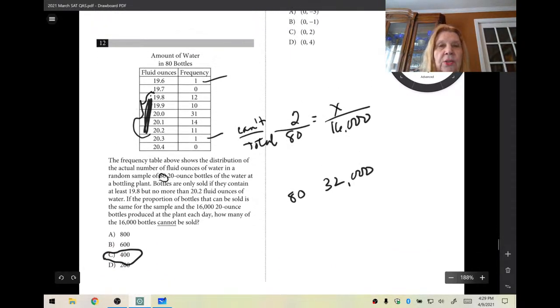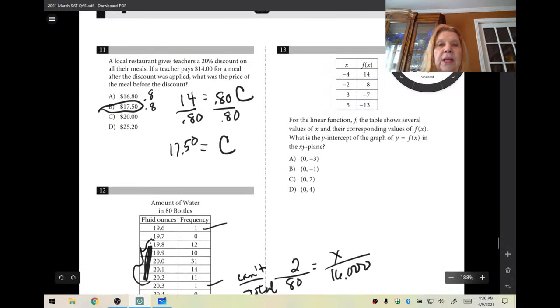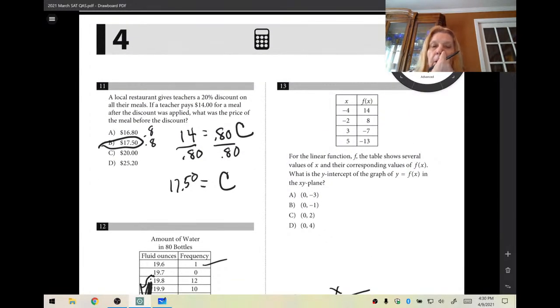Okay, now we're on to 13, which is up here. For the linear function f, the table shows several values of x and the corresponding values of f of x. What is the y-intercept? Well, we know the y-intercept is where x is 0. So let's first calculate the slope of this graph.